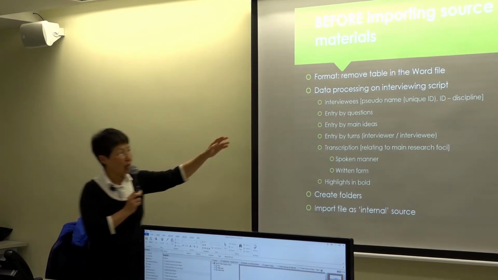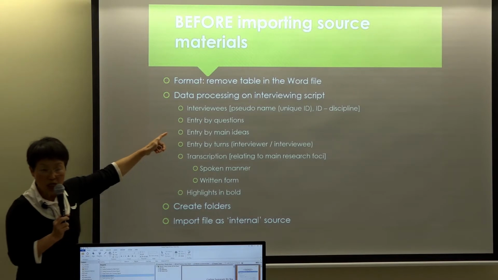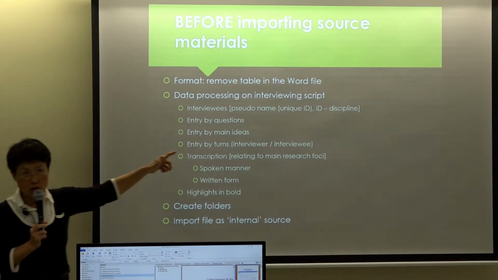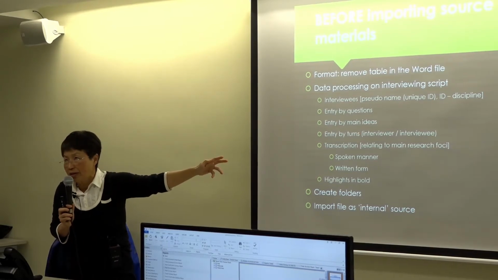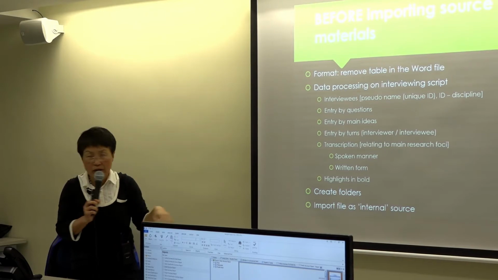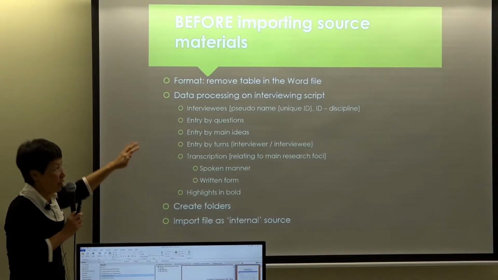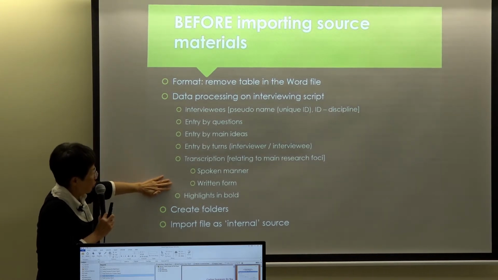So you need to have some cleanup first. In terms of the interviewee, you need to make sure no names are there. You can put a pseudonym, Mary, James, okay, but not the student's original name, such that they may be identified. That's some cleanup you need to work on.